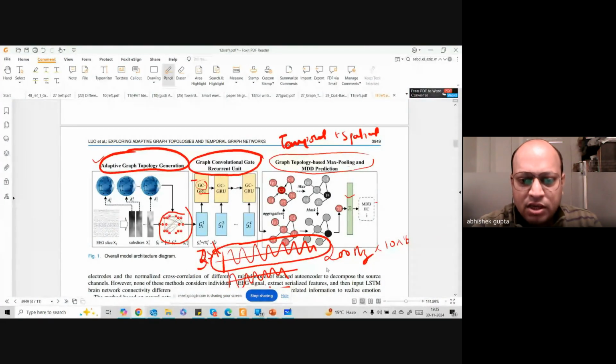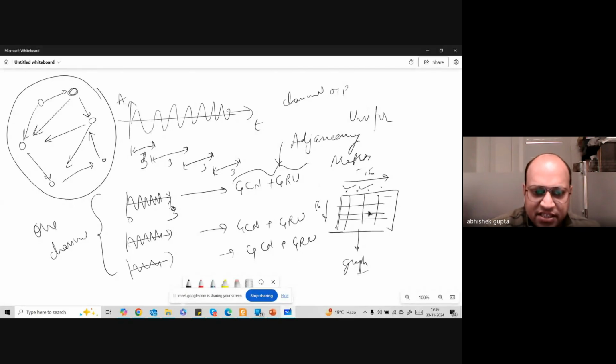Now coming back to the main paper, the PDF is visible, right? As I told earlier, in the third module they are just aggregating the data. Aggregating the data means we are slicing the data, and these slices are aggregated for all the patients. For example, if we have 3 slices for a channel, then a patient has 16 channels, so we would have 16 cross 3 slices for a patient, and likewise we have 116 patients.